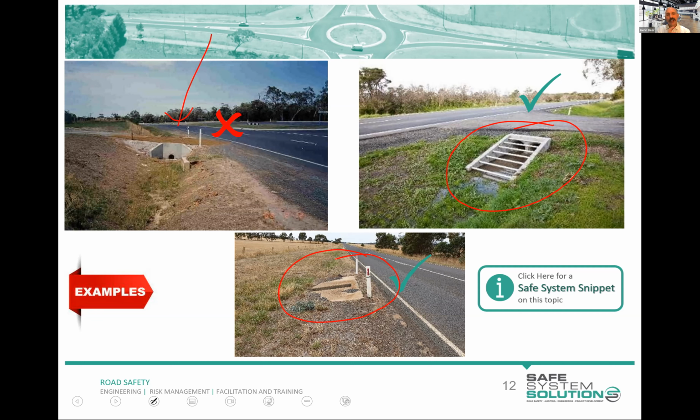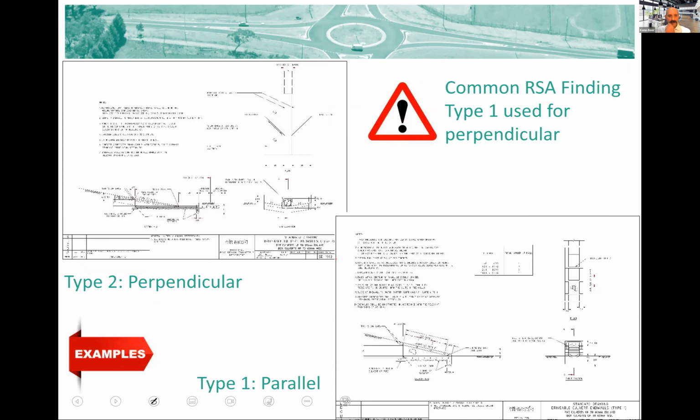I put this in as a common audit finding because I think a lot of designers out there just put drivable culvert end wall, and there are two types. There's a type 2 and a type 1, the perpendicular one and the parallel one. Most people just seem to pop down type 1.